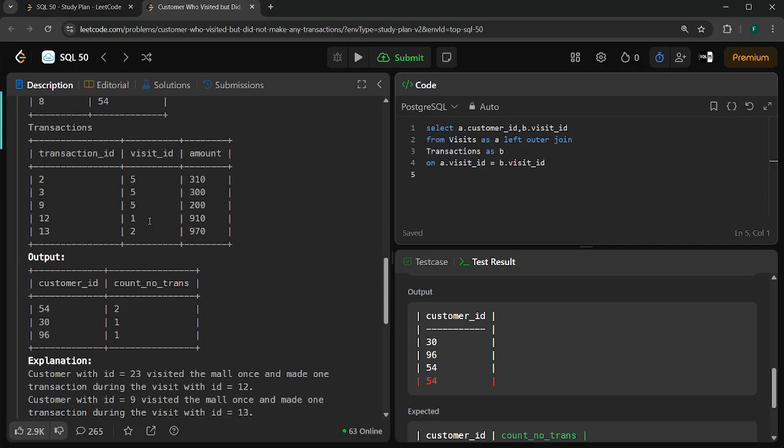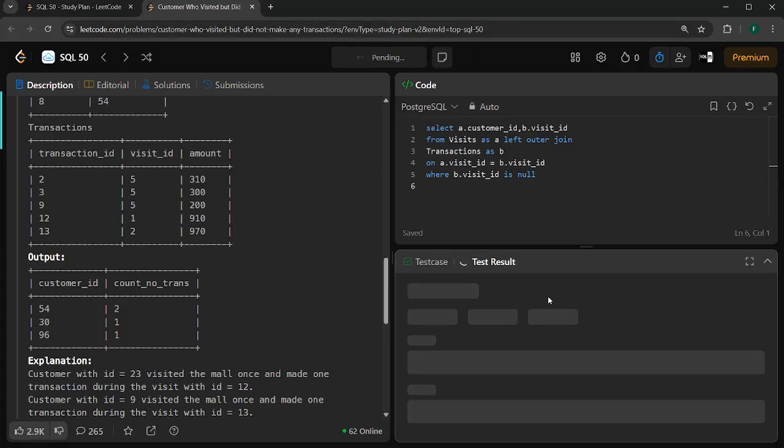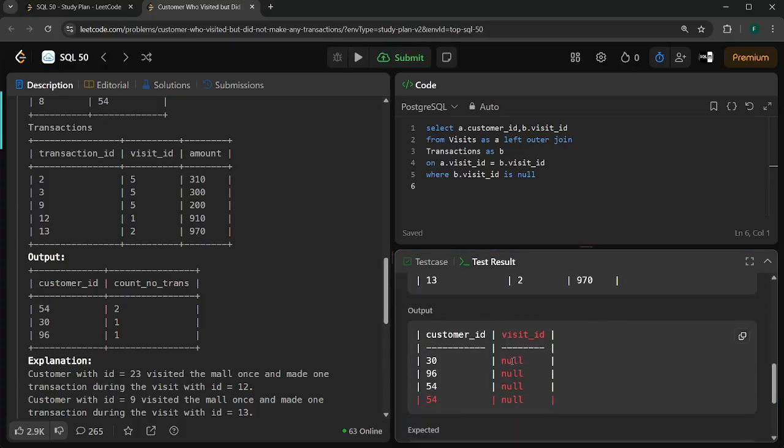So what I'm planning on doing is I'm going to divide the solution into two parts. So first, let's just find the customers who have not made any transactions, right? So where B dot visit ID is null. Let's run the query. Just give it a sec. Okay, so this is our output.